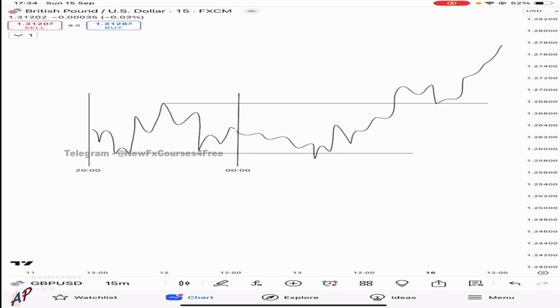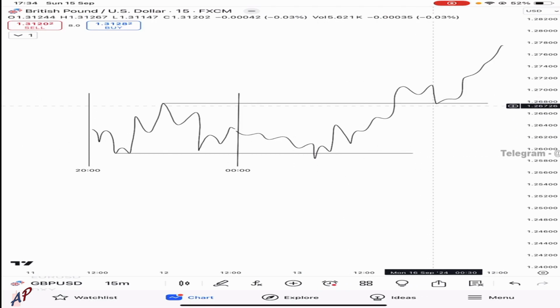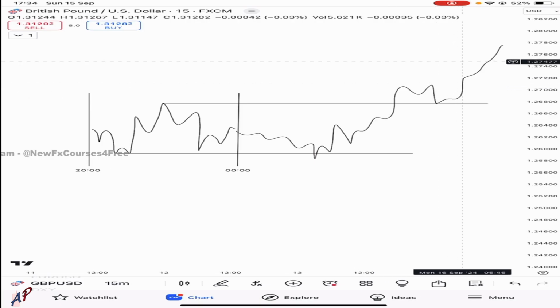So that's how I do it. If you scroll back in my Twitter feed, you will see my entry on Euro. I missed the purge because I was asleep, and I came to the charts around 6 a.m. My entry was on the retest of the Asian range.